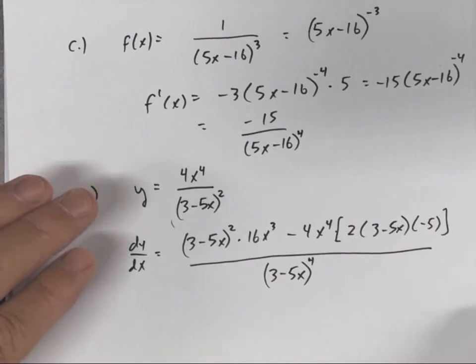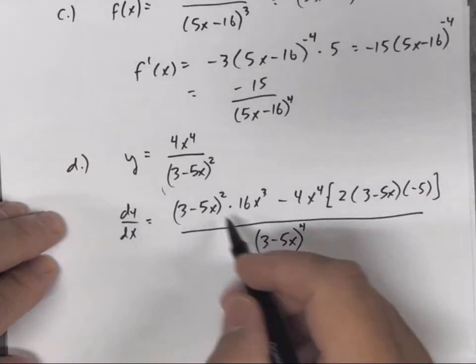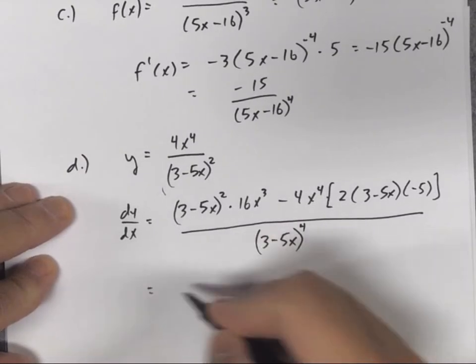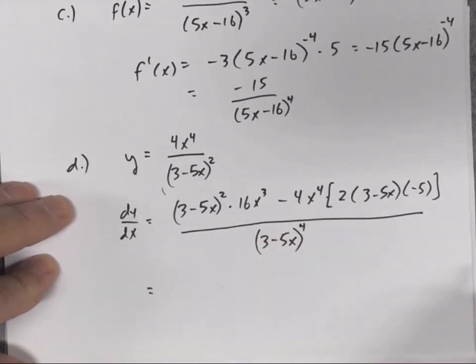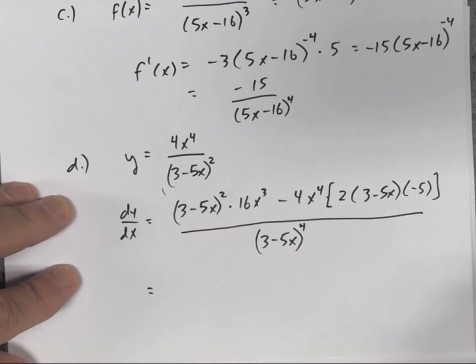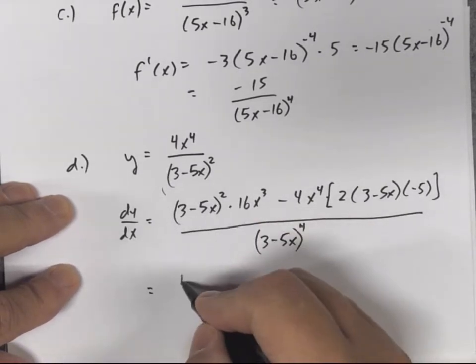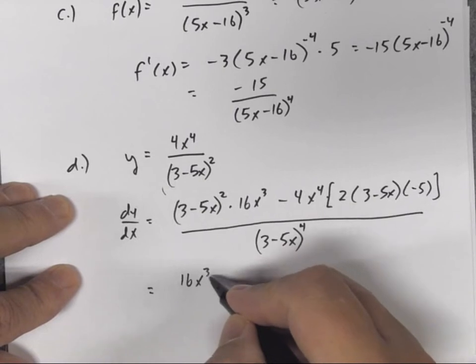Now this is a case where we probably should try and simplify this numerator. Actually, let's do this. Let's not right away multiply out. Let's not multiply out the 3x. Let's leave that for now. So here's, well, let me just write what I'm going to do.